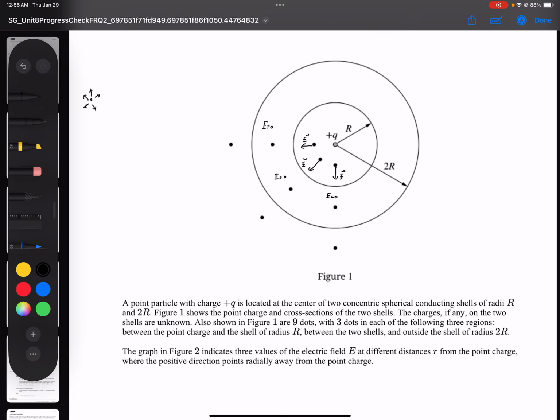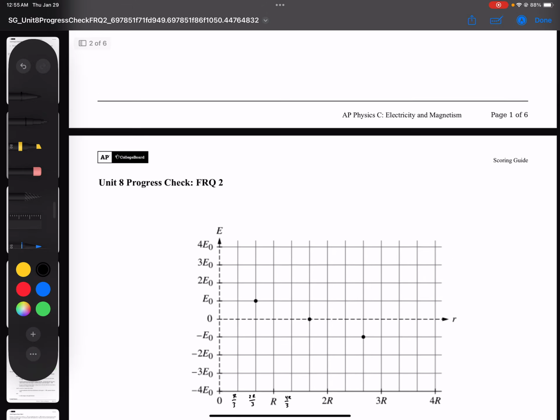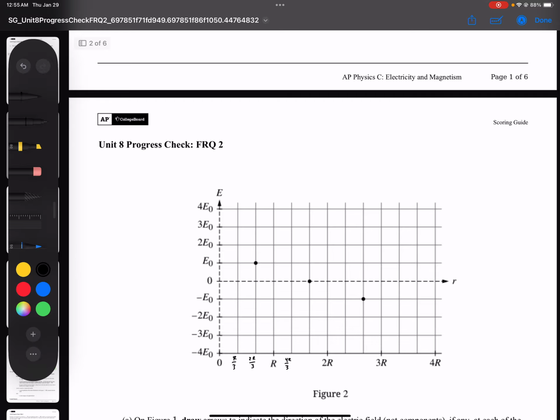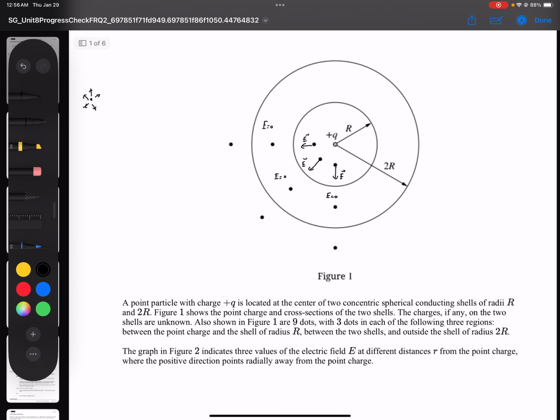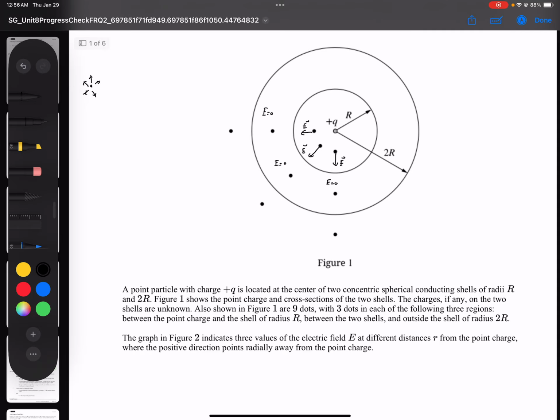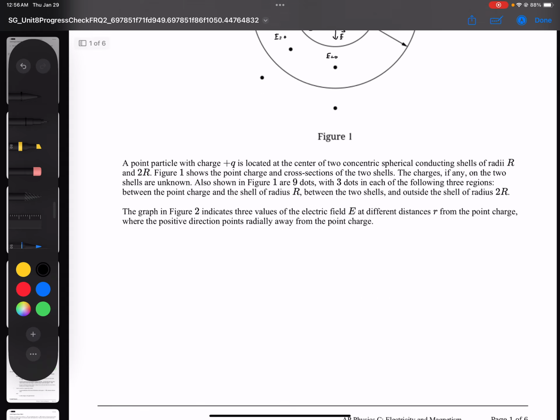And then finally, the outside shell of radius 2R. We know the charge on the shells is unknown. But if we look at our value for the E field, we know that it has to be 0 within the conductor, because that's what the graph tells us. So the E field has to be 0 between R and 2R.